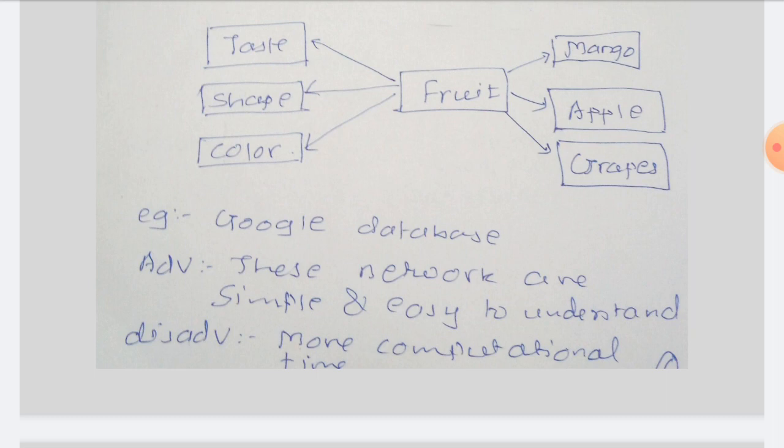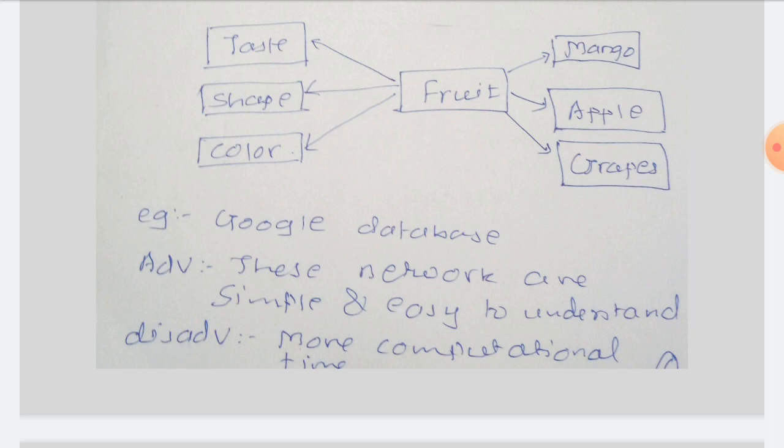The semantic network works as an alternative to predicate logic for knowledge representation. You represent your logic in the form of a graphical network.